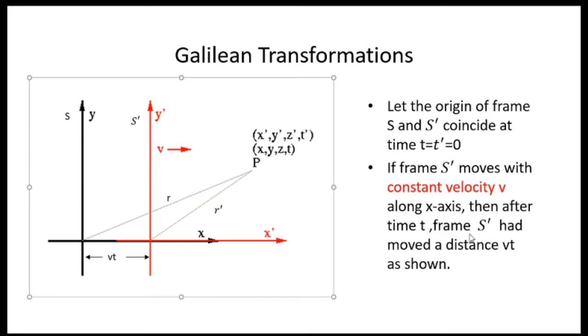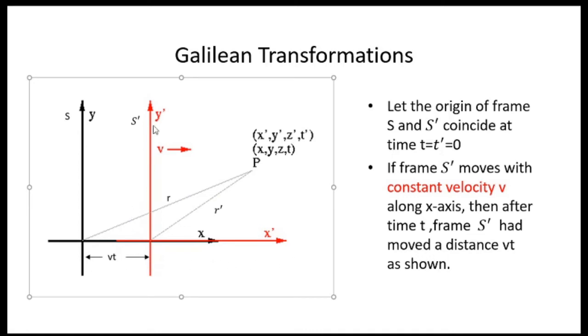Then after time t, the S dash frame has moved a distance vt. Velocity into time is equal to distance. So the S dash frame has moved a distance vt ahead of the frame S along the x-axis.